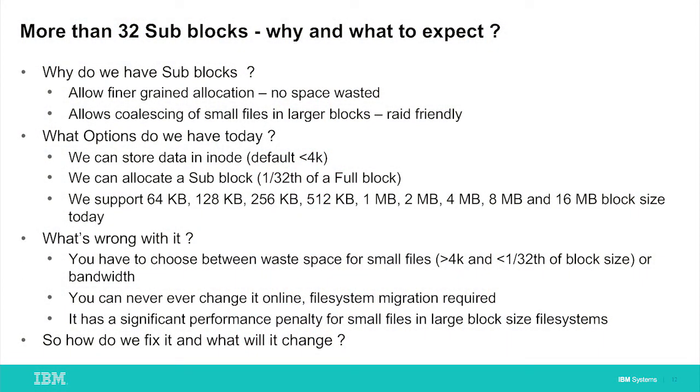Well, the easiest thing is you just add more subblocks, because the limiting factor here is that from the very beginning of GPFS we limited the number of subblocks per full block to 32. And when you had a 1 megabyte block size file system, which was the biggest block size we supported for a very long time, 32K didn't really sound that bad.